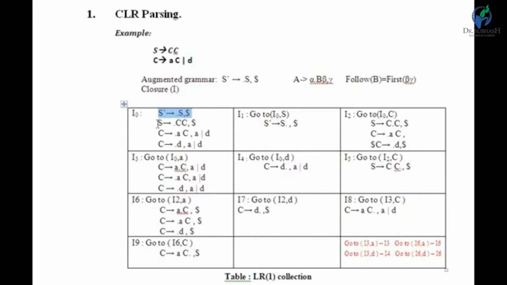Next, move I0 on C. Your production will be S gives C dot C, comma dollar.